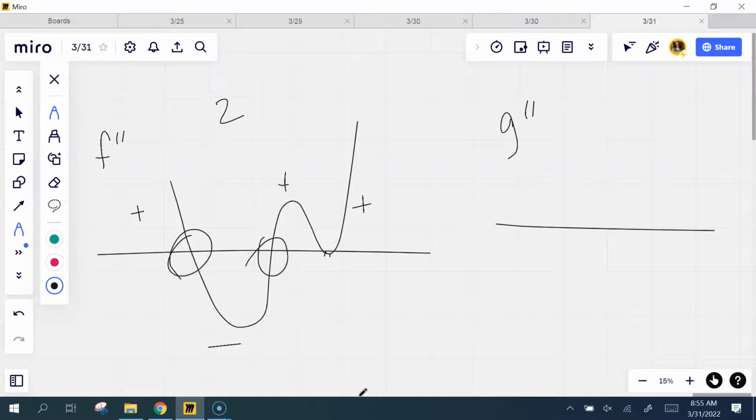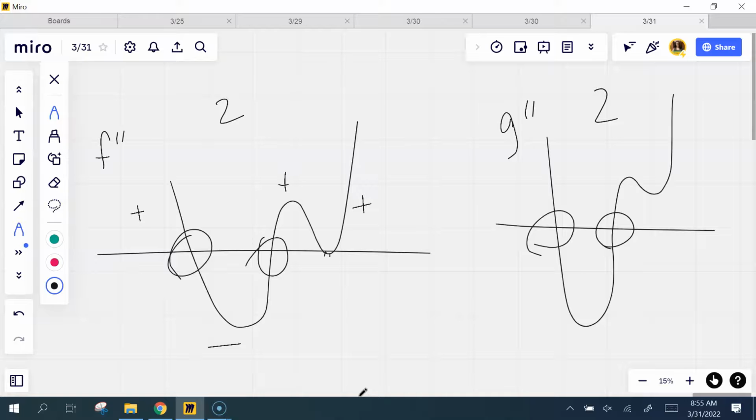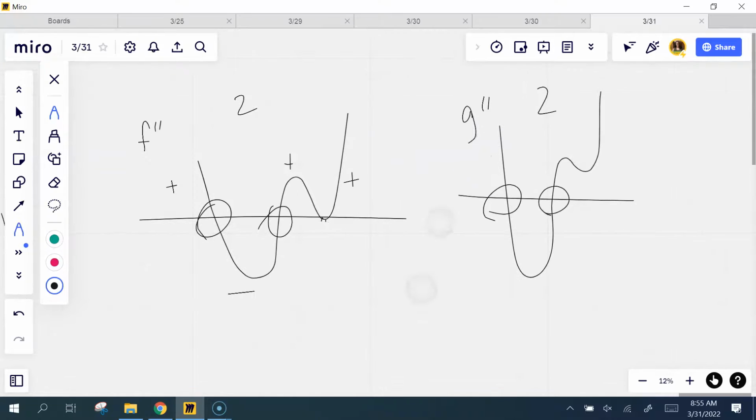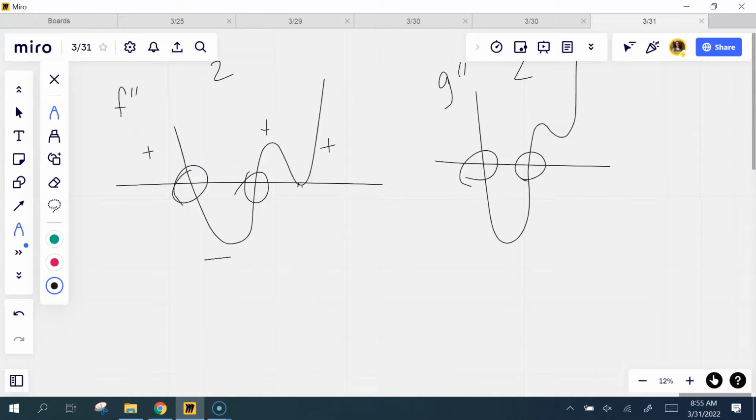G did something like this, right? G had 2. Yes. That's what I want you to do. I want you to see how you would attack it a little differently, or what you learned or what you need to look for.